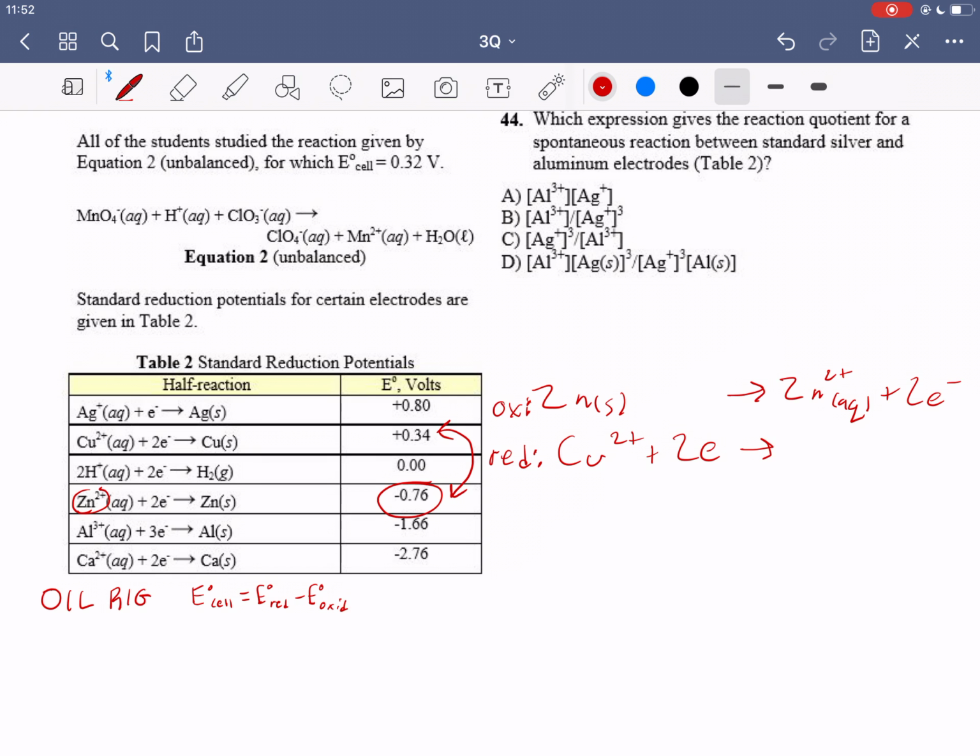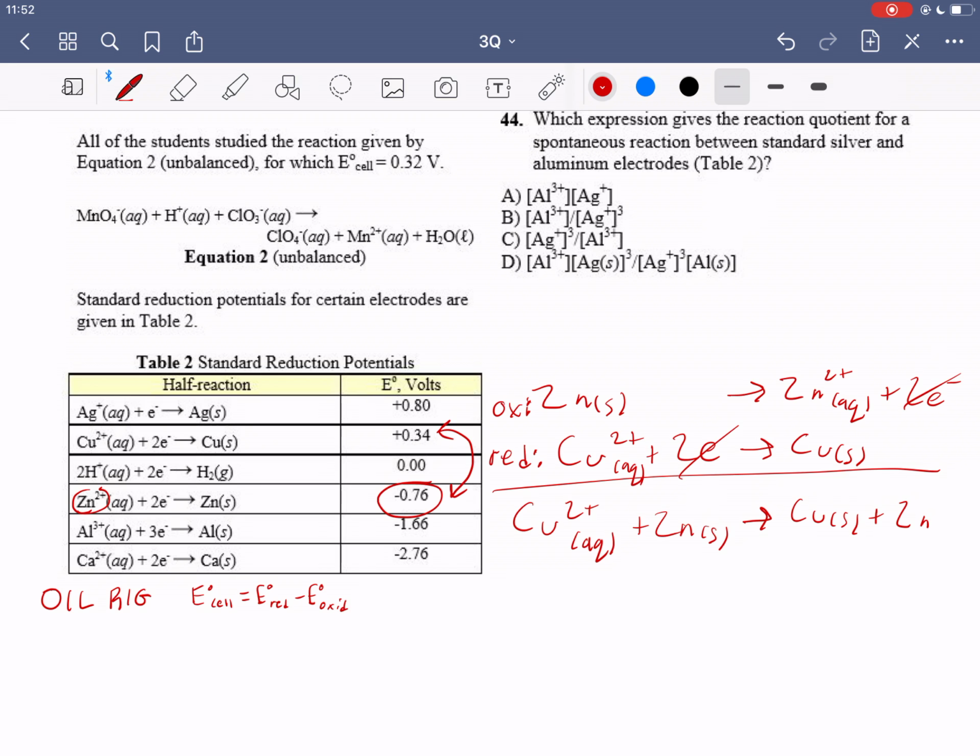And I don't have to balance anything because I see 2 electrons on both sides, so that is good. And then the final reaction from that would be copper 2 plus aqueous plus the zinc solid gives me copper solid and then the zinc ion.